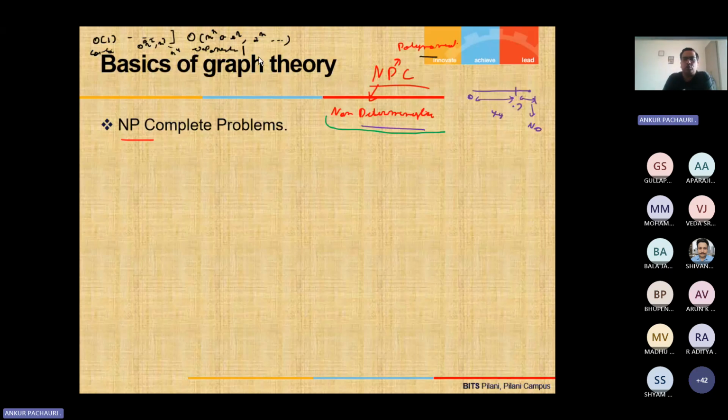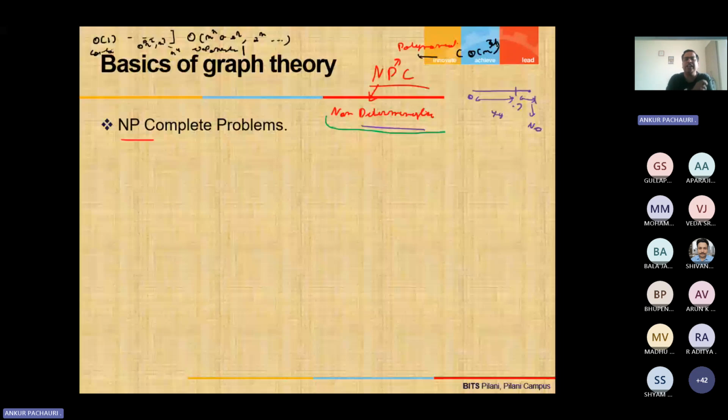So polynomial usually, most of the time, is still n cube. Even n to the power 4 is not acceptable, but as of now, just for the sake of simplicity, I can say n to the power 4 also is acceptable. I can put it into the subset of polynomial time algorithms.